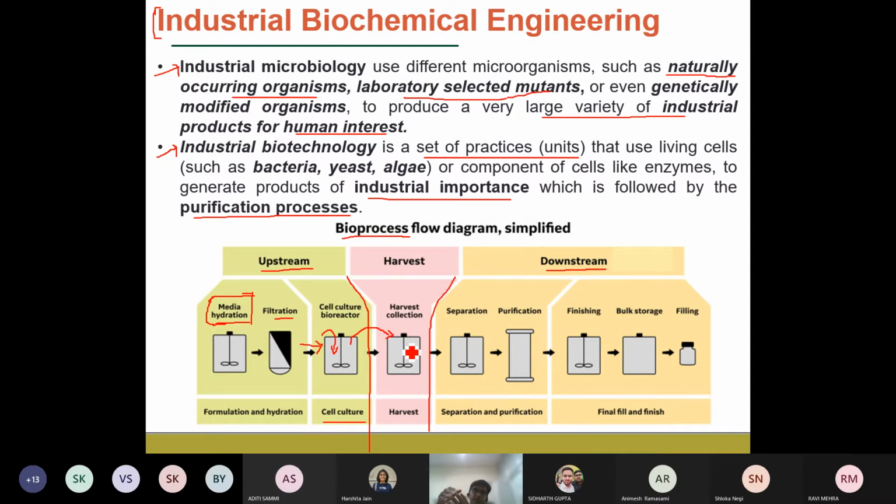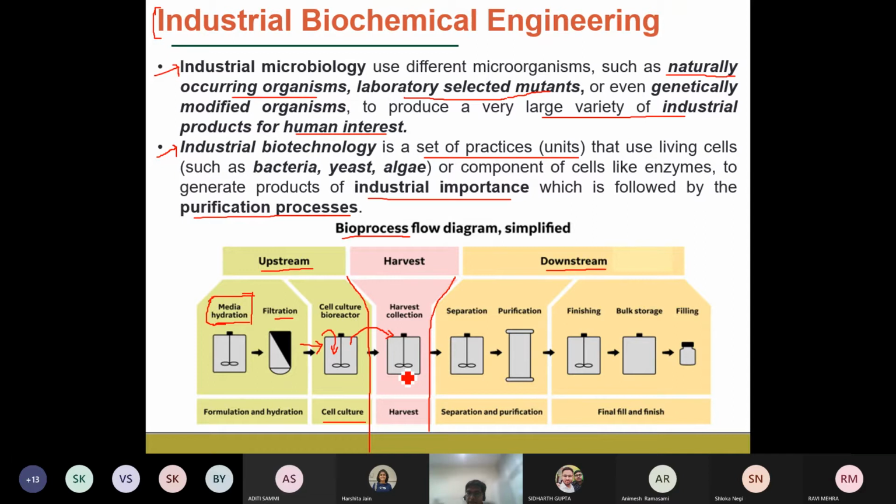If it is coming out, it will be mixed with the production media, which will contain, suppose, the initial carbon source of glucose, the media components, your product, and your growing cells. Along with that it can contain some other byproducts. So it is a complex mixture of different components, and to get your product, we need to carry out some steps and processes to separate our product from this type of mixture.